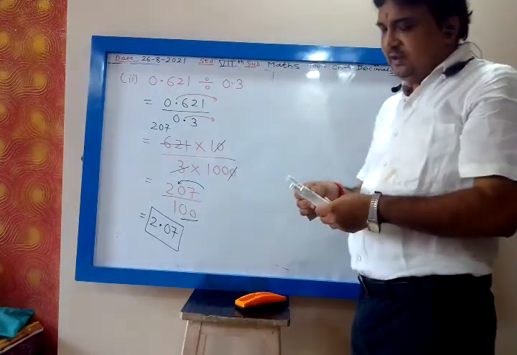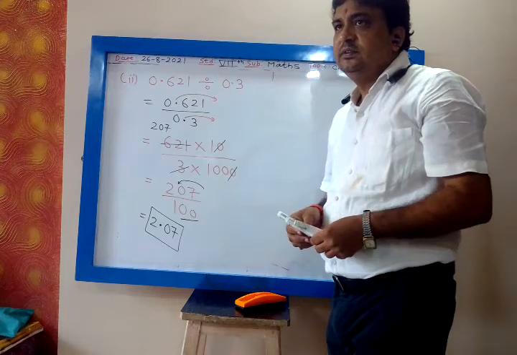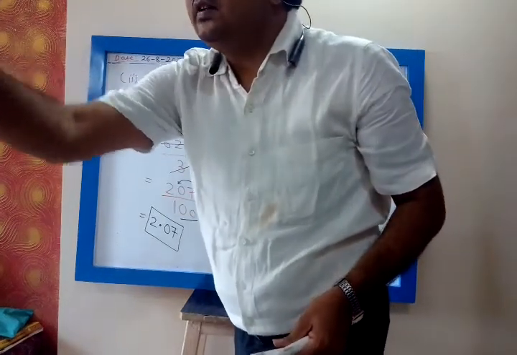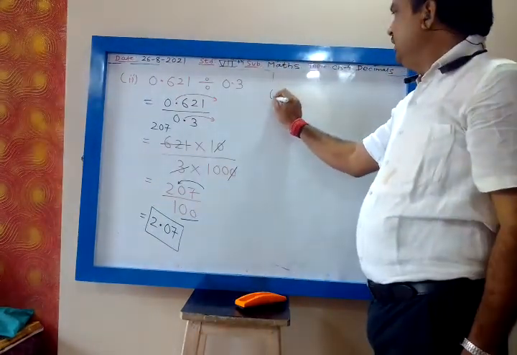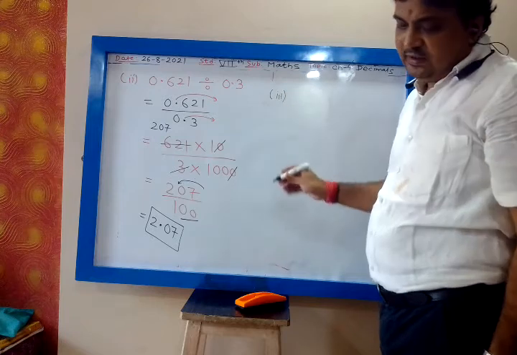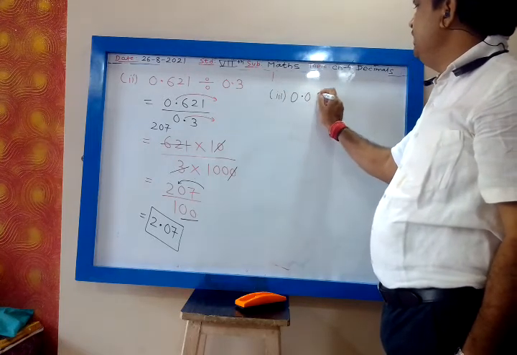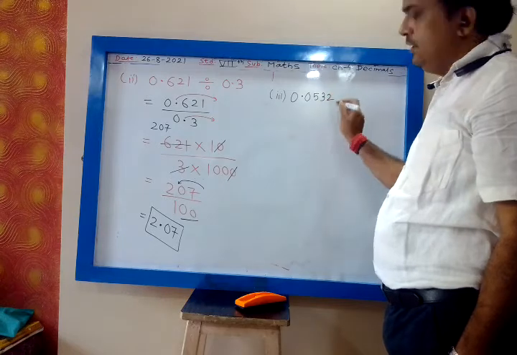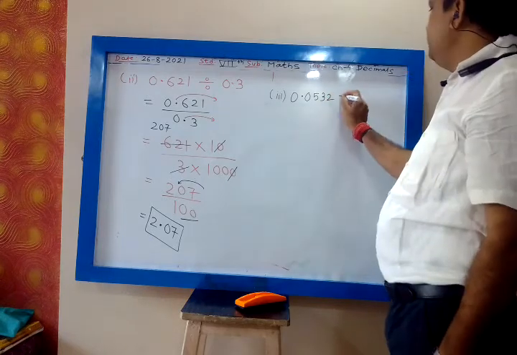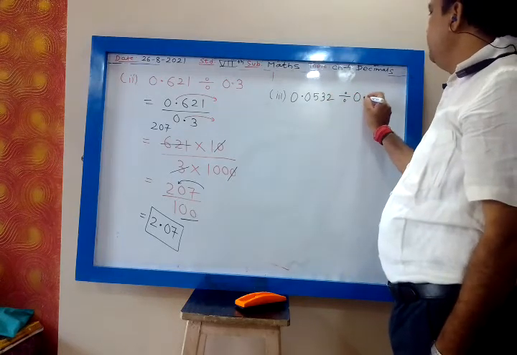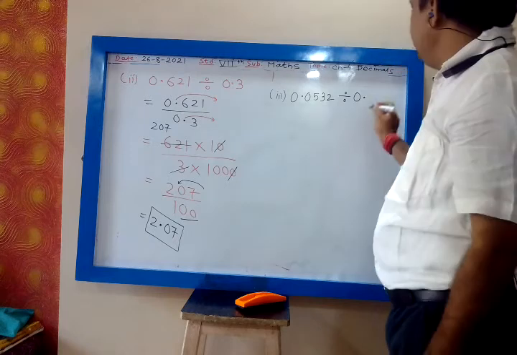Now let me write the third question: 0.0532 divided by 0.005.